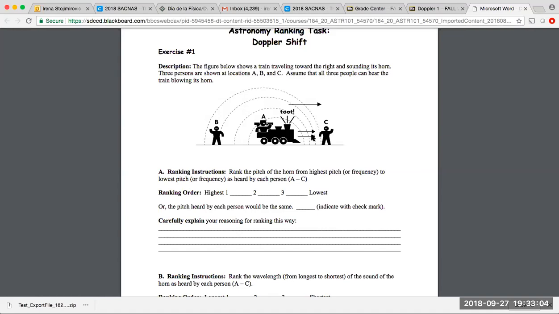So you're going to hear it sooner, and that causes this frequency to rise. As long as this is moving towards you, the distance is constantly shrinking, and that's why you hear that higher pitch. You know that from everyday life: if you have an ambulance running by, you hear a higher pitch as it approaches you, and then it goes to a lower one as it moves away from you.